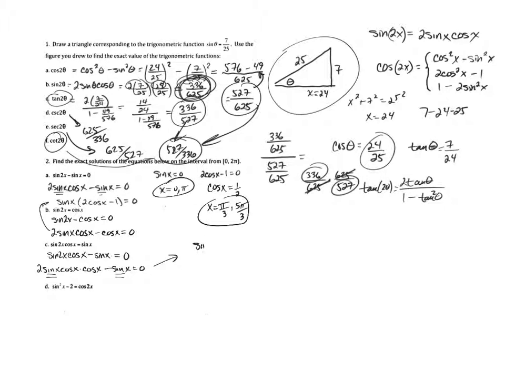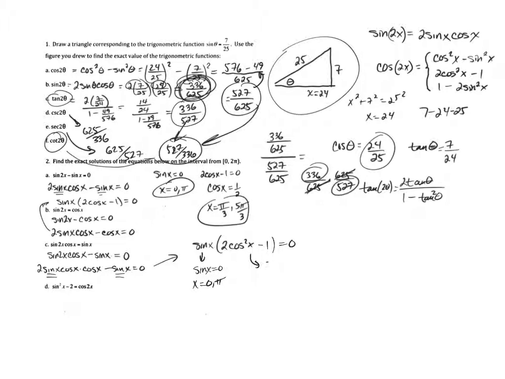When we take that sine of x out, we're left with 2 cosine squared of x, because we have two factors of cosine here and here, so multiply them together to get cosine squared. Minus 1 is equal to 0. So setting the sine of x equal to 0, we're going to get our 0 and pi again.